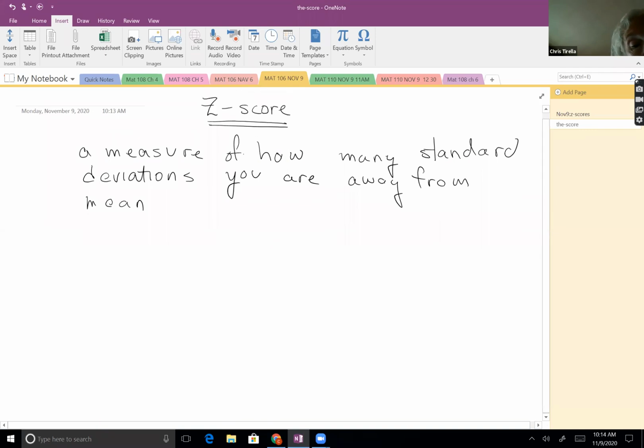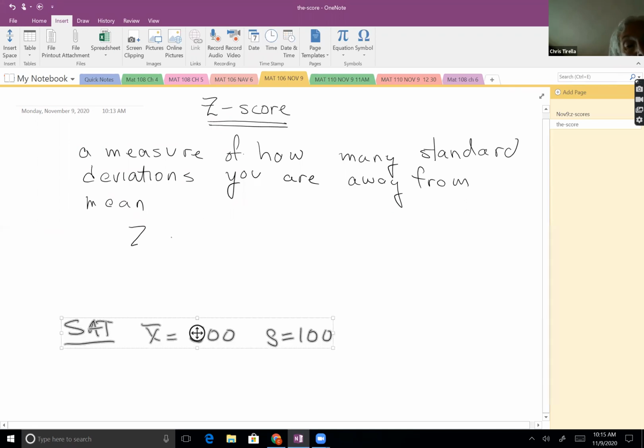So let's look at the SAT, where the mean is 500 and the standard deviation is 100. And I have to apologize. I'm going to move that down just a little bit. I forgot to give you the formula for the z-score.